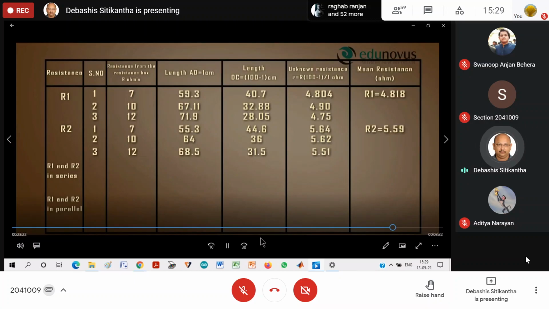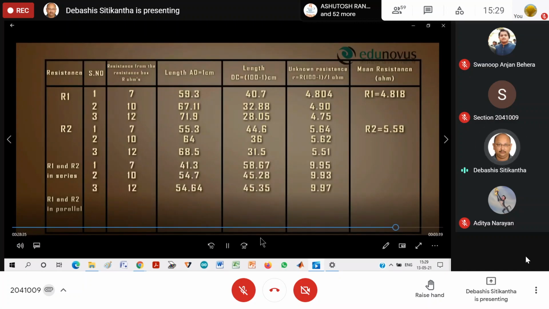In the same way, the observations when both the wires R1 and R2 are connected in series are as follows. Mean resistance Rs is equal to 9.95 ohms. When R1 and R2 are connected in parallel, the observations are as follows.